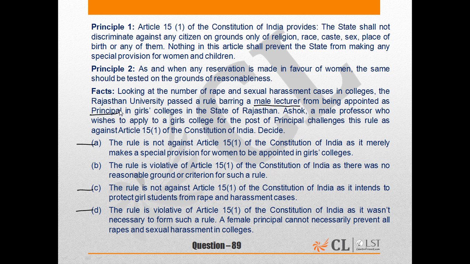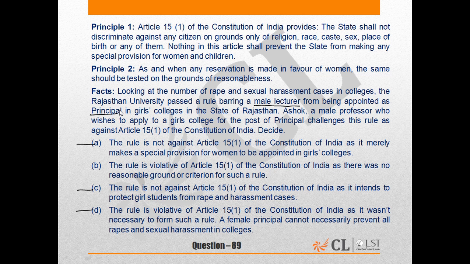Option D, both of them say that the rule is violative. Option D says the rule is violative of Article 15 clause 1 of the Constitution of India as it wasn't necessary to form such a rule. A female principal cannot necessarily prevent all rapes and sexual harassment in colleges.